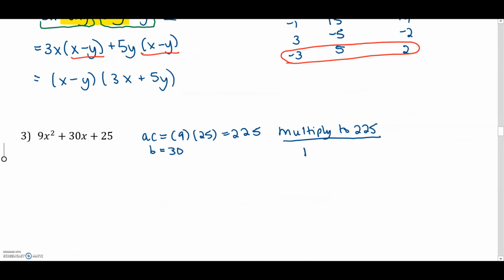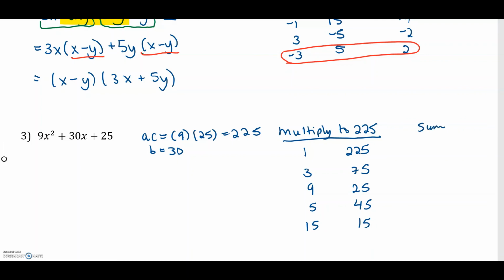We have 1 times 225, 3 times 75, 9 times 25. We should also consider 5 and 45. And last but not least, 15 times 15.